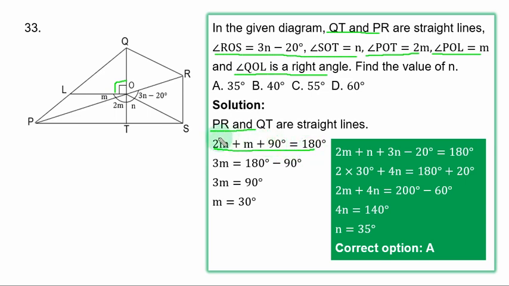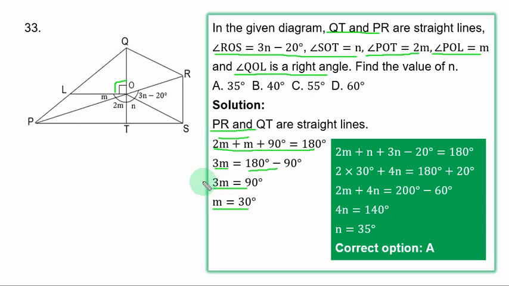You add 2m plus m, you have 3m, collect like terms, and you have 180 degrees minus 90 degrees, and 3m is equal to 90 degrees. Divide both sides by 3, m is equal to 30 degrees.